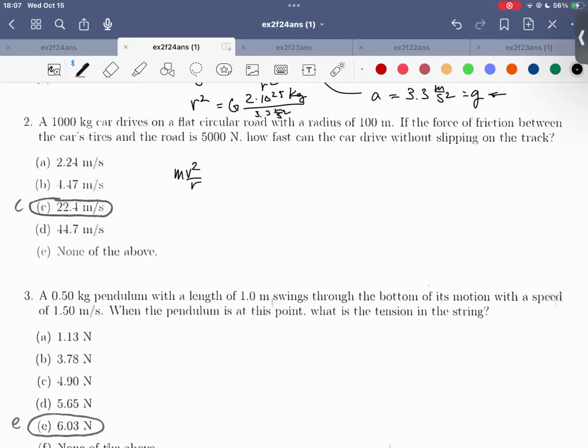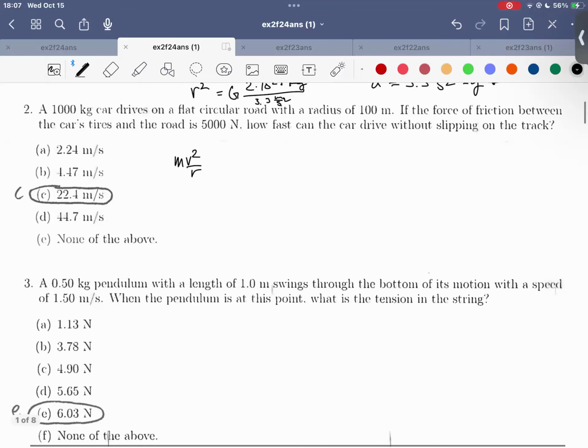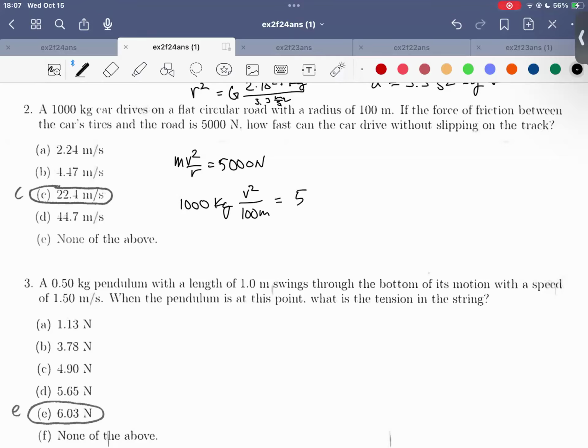So our centripetal acceleration, that's gonna be the thing that allows the car to keep turning, right? And so we're gonna set this equal to the force of friction provided. So we're gonna say this. And then from there, you'll just calculate. So you'll say 1,000 kg v squared over 100 meters equals 5,000 newtons.